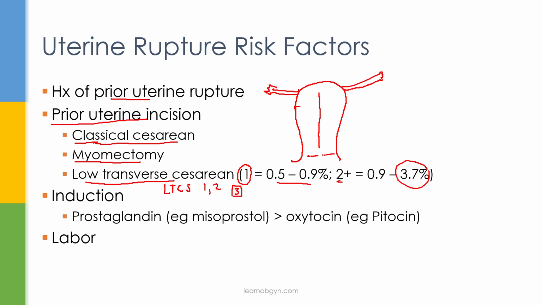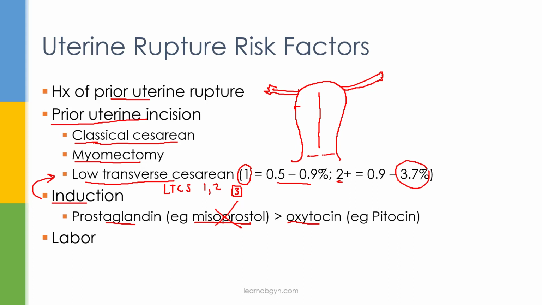If someone's being induced for a vaginal delivery, they're at slightly increased risk of uterine rupture, especially if they've previously had a low transverse cesarean section. Because of this, prostaglandins, such as misoprostol, are not allowed if you've had a prior cesarean section.